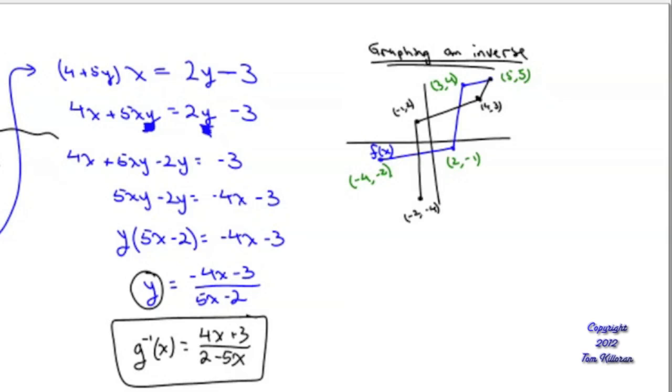Now, after you graph this, take your paper, rotate it 45 degrees counterclockwise. There should be a line that goes right down the middle of it that it reflects over. You all know what a reflection is, right? Let's test it.